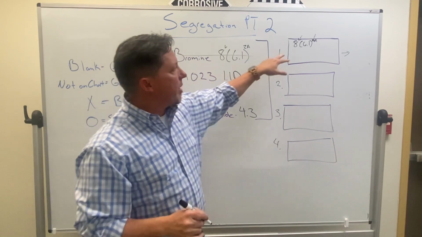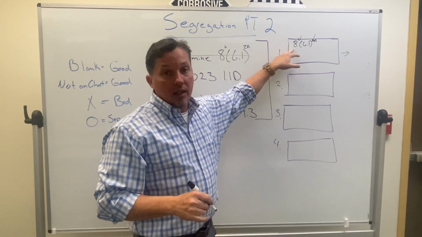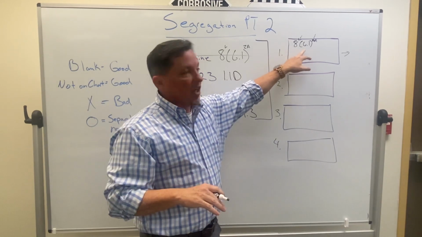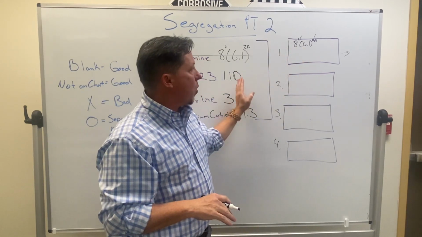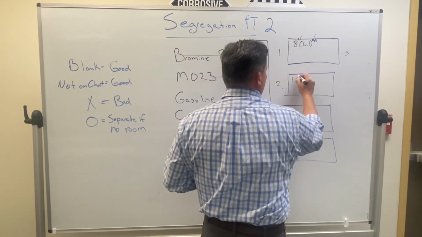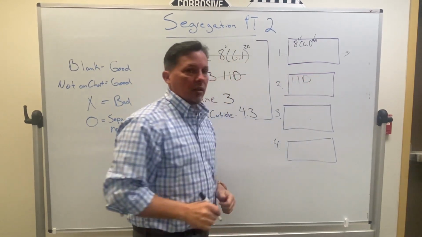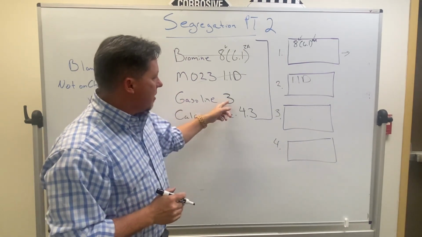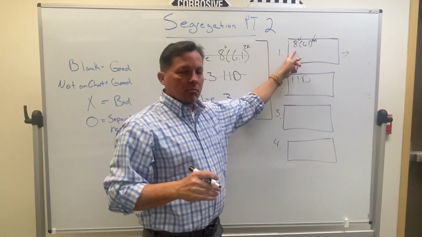So 1.1, we compare it to an 8, we get an X. That means that a 1.1 can't go with an 8. Well, I don't have to check the 6.1 because for the 1.1 to go in this truck, it's got to go with both. So now I know I can put my 1.1 delta here, right? Simple as that. Then I just go to the next item. Will the 3 go with the 8?